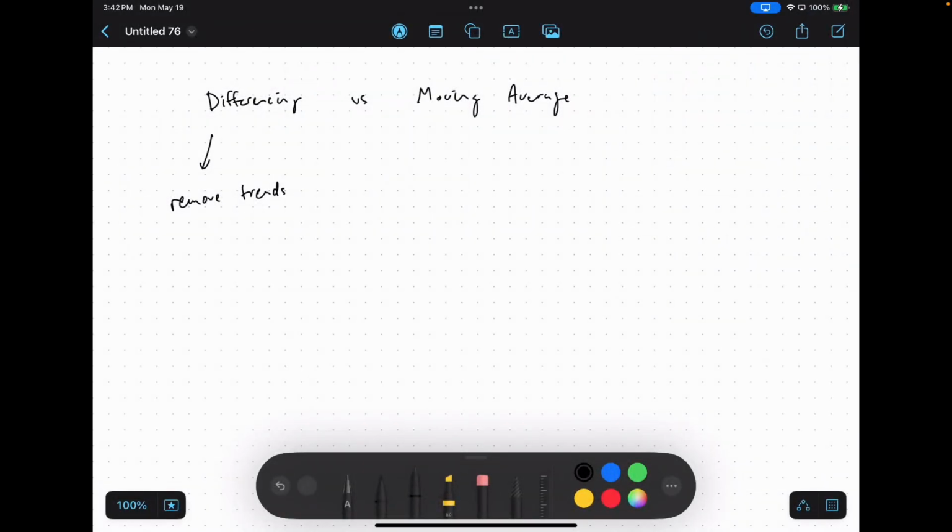So with differencing, you want to remove trends or cyclical components, whereas this is smoothing out to reveal underlying trends.